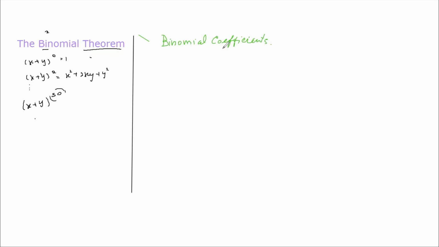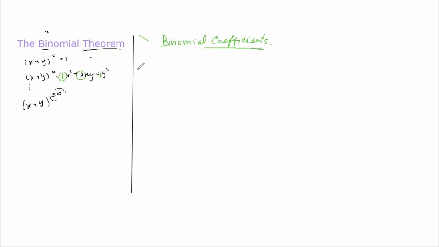What is a binomial coefficient? You see, coefficients we know, right? For example, like this one, the coefficient of x squared is what? It is 1, right? And the coefficient of xy is 2, and the coefficient of y squared is 1.